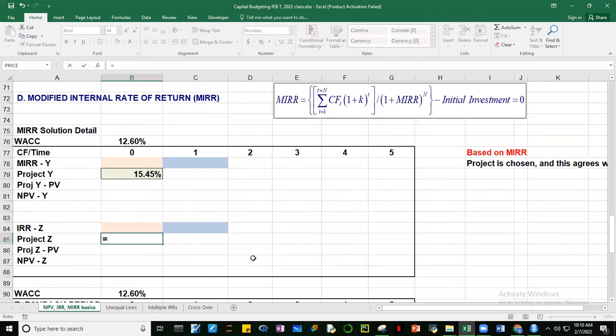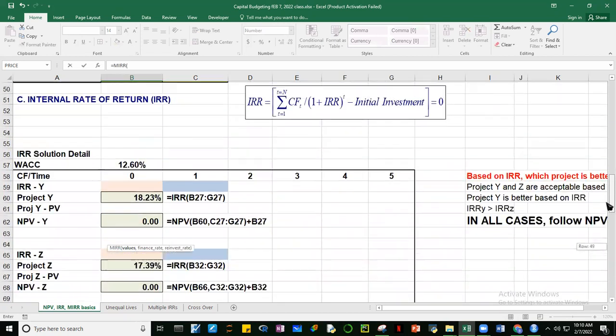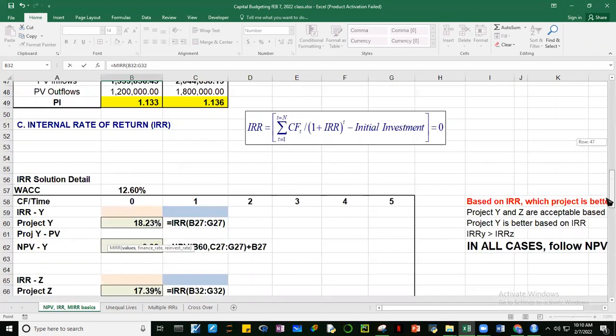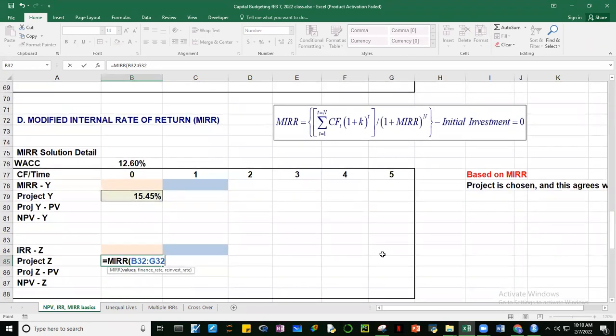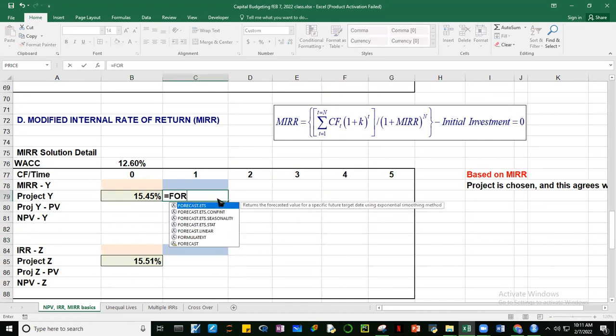Okay, and the MIRR for project Z is values again. Values. Okay, and then finance rate is the WACC, the investment rate is the WACC. Formula.